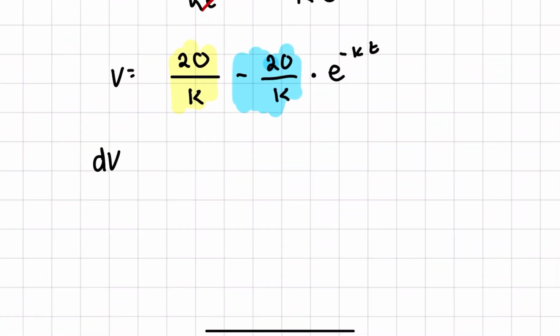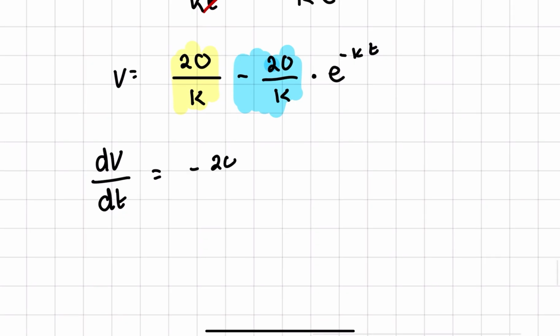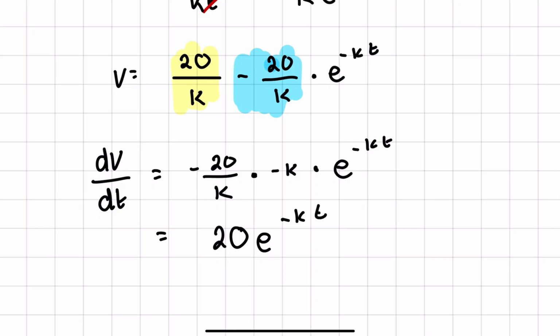For dv over dt, the first term is a constant, and we're going to differentiate the other: minus 20 over k multiplied by the derivative of the exponent, which is minus k, multiplied by itself. That cleans up nicely: 20e to the minus kt.